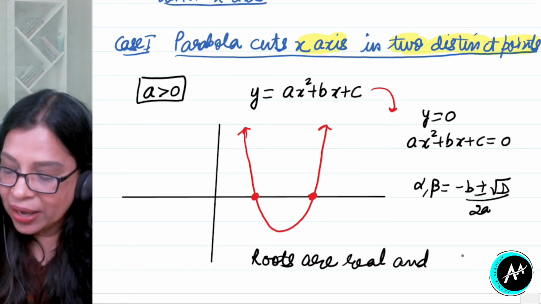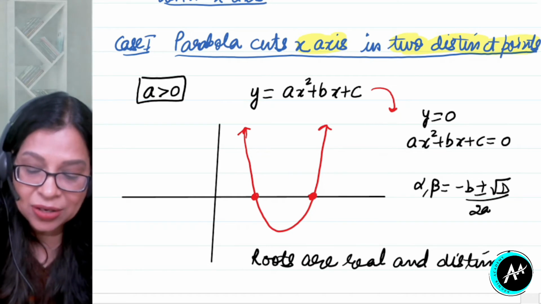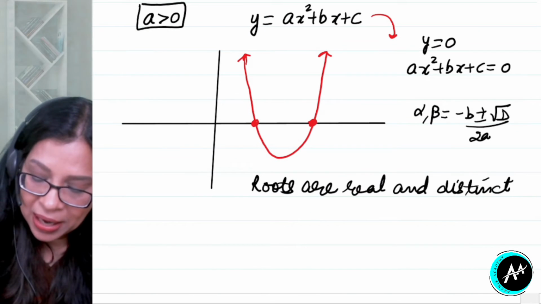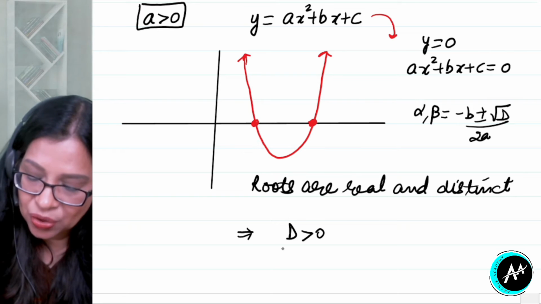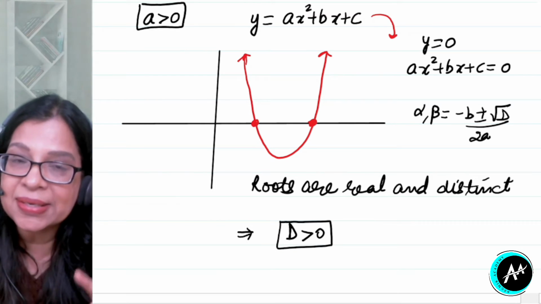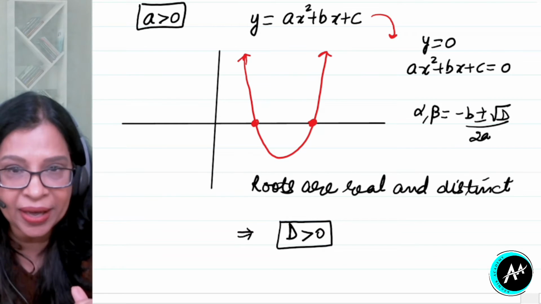So that is how we are relating it to the roots. So when our roots are real and distinct, tell me, when d is positive. So this implies I have discriminant d strictly greater than 0. Alright. So the parabola will intersect the x-axis in two distinct points only if d is strictly greater than 0.